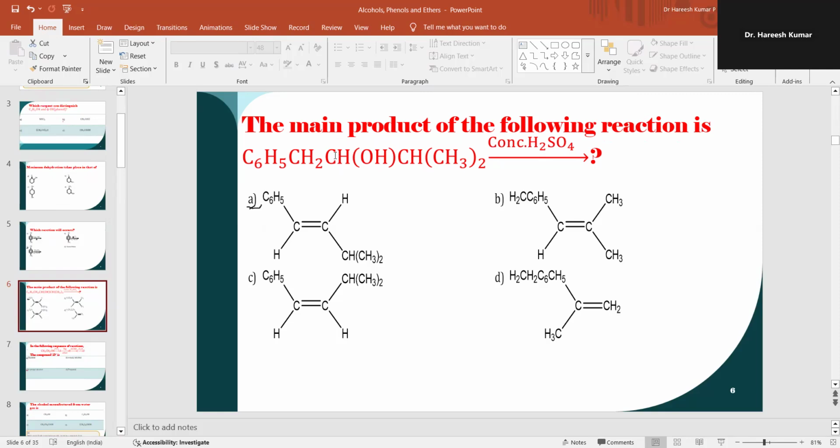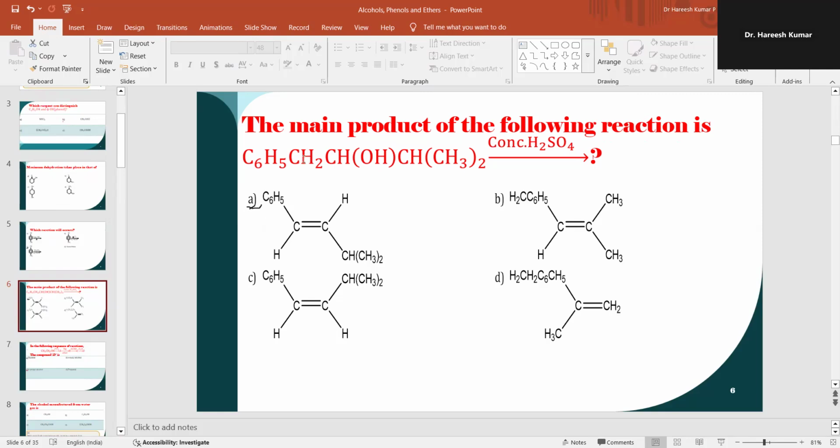Once this proton is removed, there will be a double bond formation between this carbon and this carbon. There are two possibilities, one is cis and the other is trans. Stability-wise, trans is more stable compared to cis. That's the reason the right option for the product will be A.